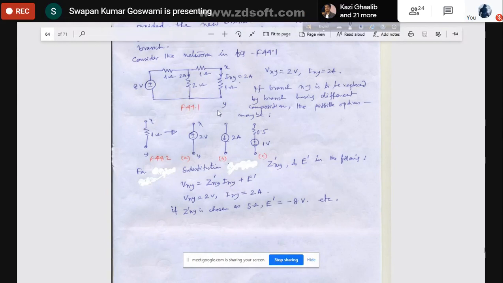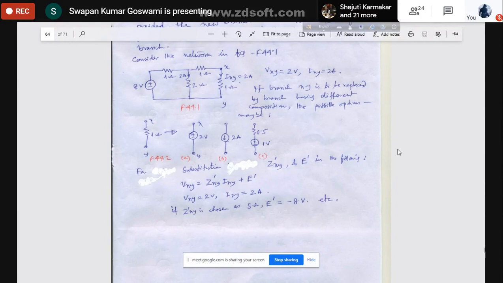That means maintaining the same current and voltage relation, you will be in a position to choose the components here. Maybe a voltage source with some other impedance, maybe some current source, maybe simply a voltage source. That means you can substitute this element with several forms of elements.